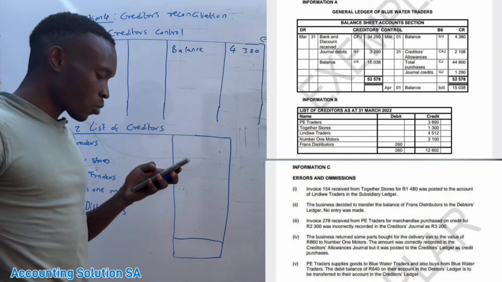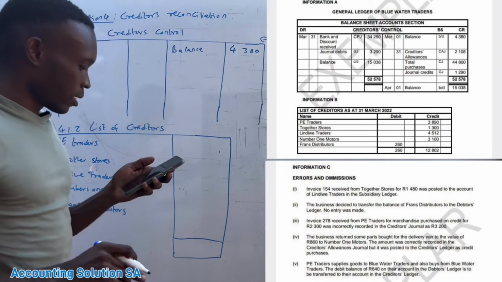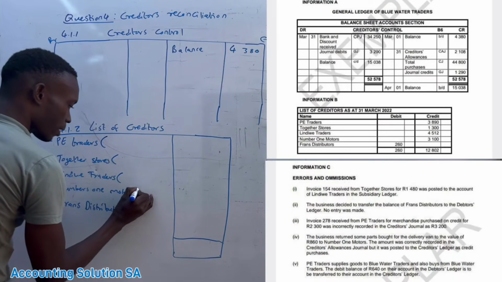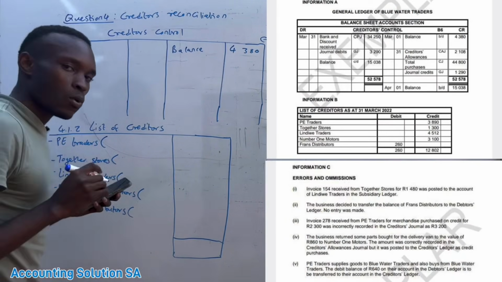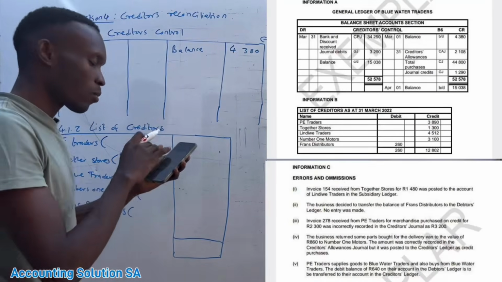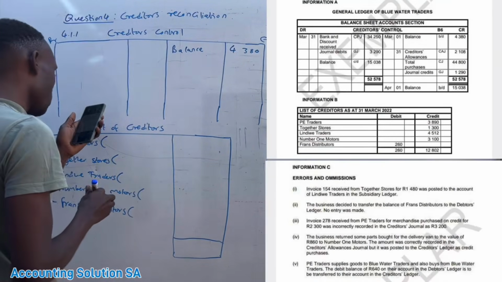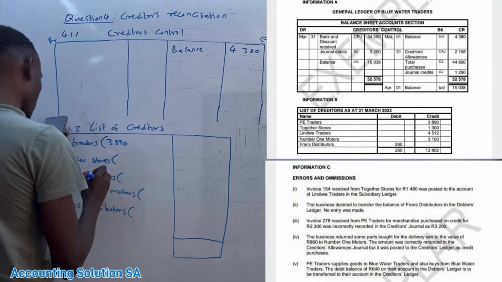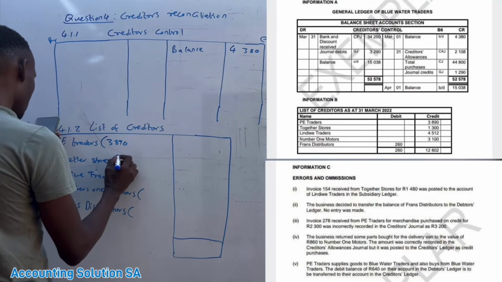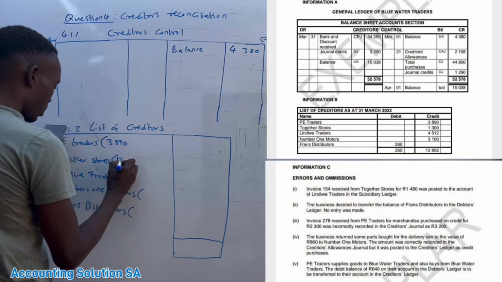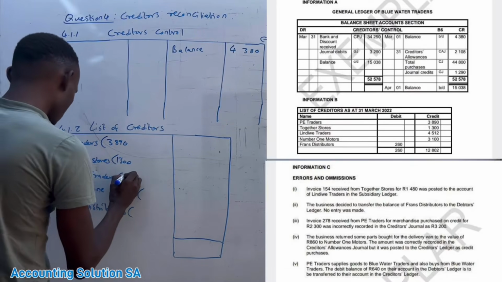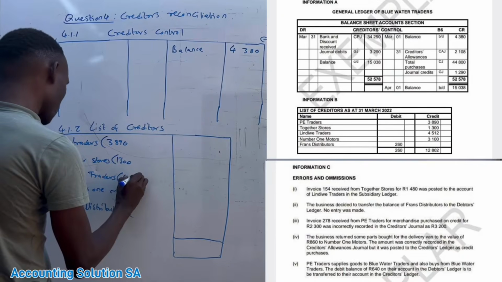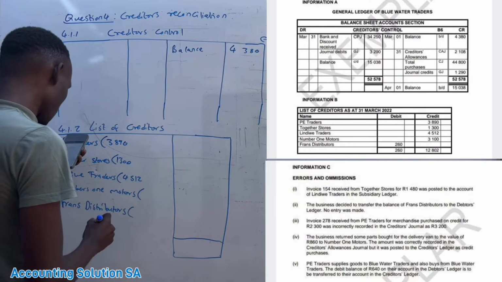You have to go to your creditors list, open a bracket, all of them, and what you need to do is copy whatever you are given. For example, PE Traders, they give us 3,890, 1 mark for that. Together Store, 1,300, mark for that. And Lindy Trader, 4,512, mark for that.